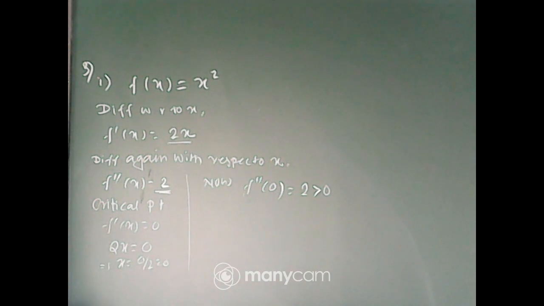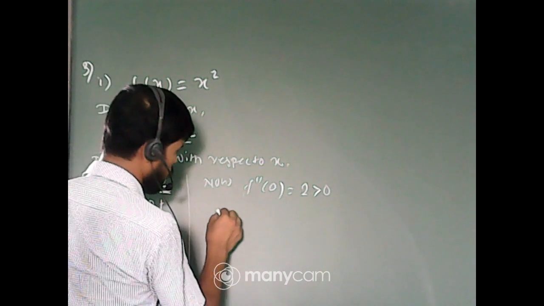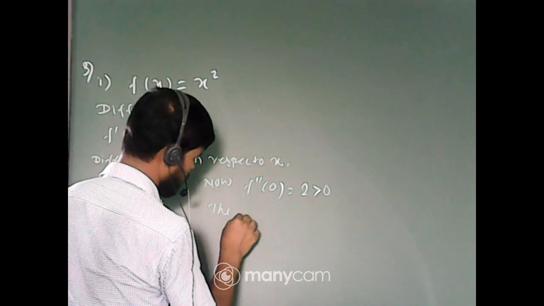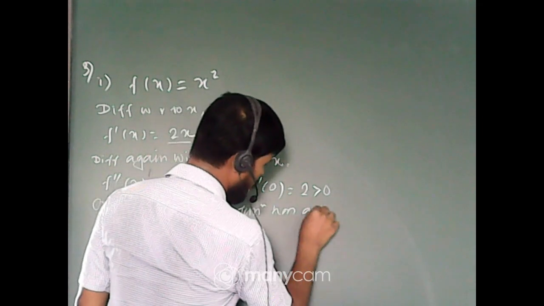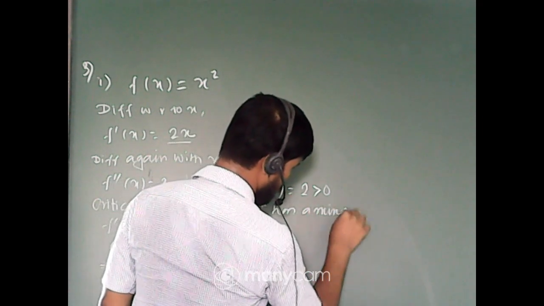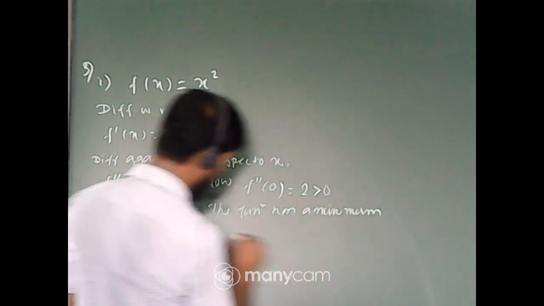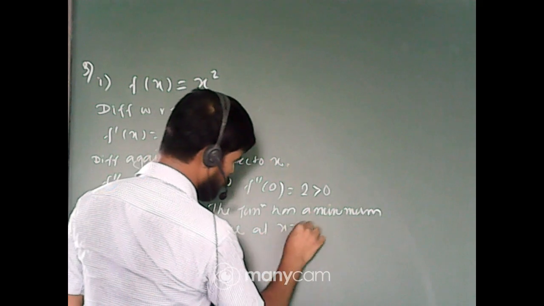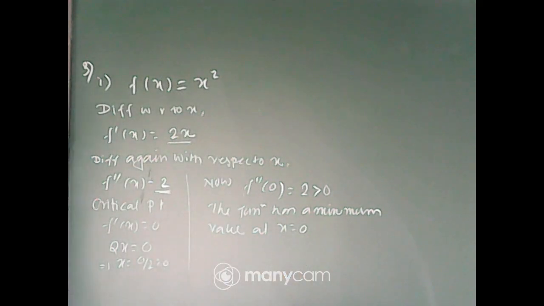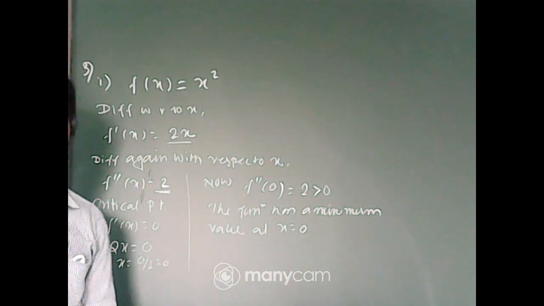Very good, minimum value. So the function has a minimum value at x equal to 0. And what is the minimum value?